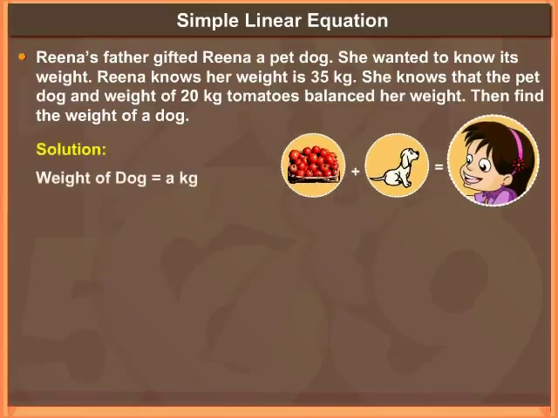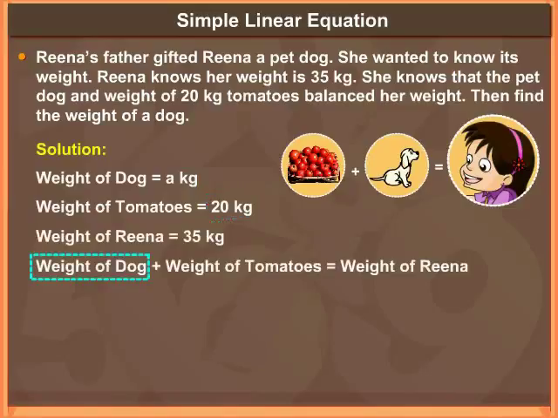Let us assume the dog's weight as A. We know that the weight of the tomatoes is 20 kg. The weight of the pet dog and the weight of 20 kg tomatoes balanced Reena's weight. So, we get A plus 20 is equal to 35. This is our equation.